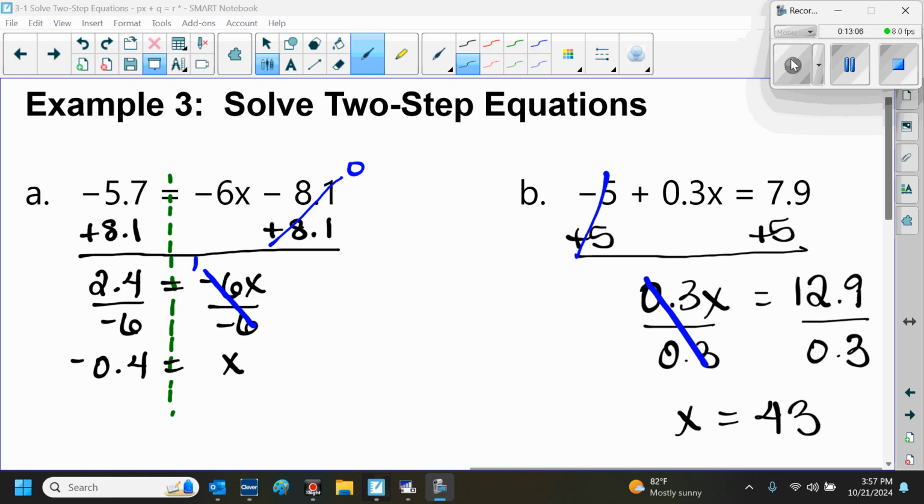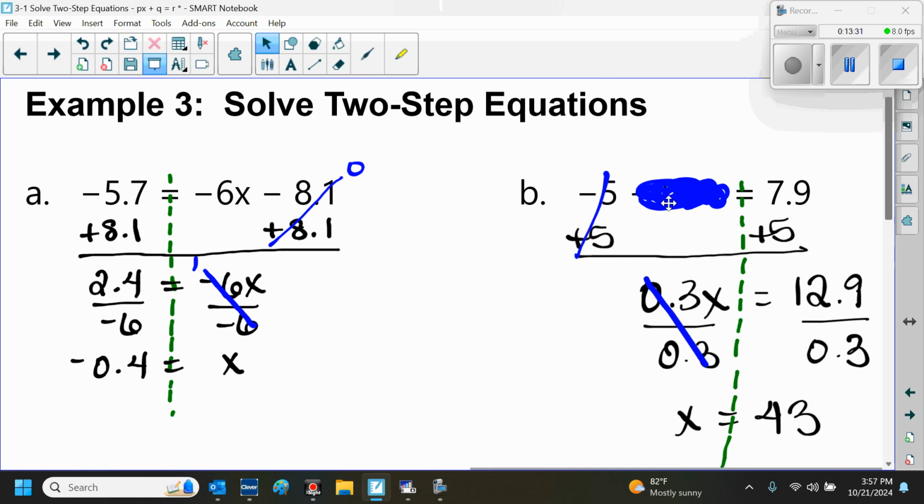All right, we have negative 5 plus 0.3x is equal to 7.9. So on this, when we use our cover-up, we're going to cover up this whole thing, including that plus and that x. Cover the whole thing. Now, we want that blue dot by itself, so that means we want to get rid of the negative 5.